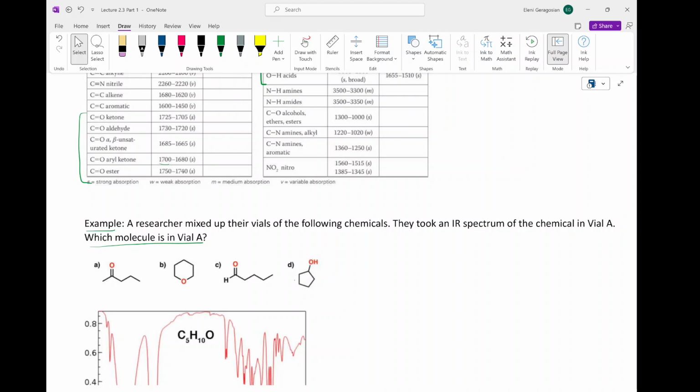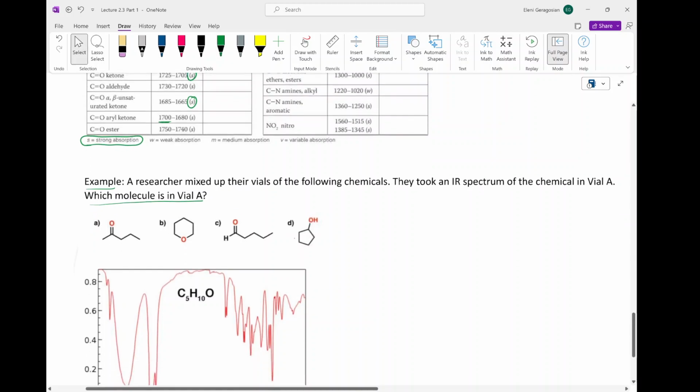Carbon to oxygen double bonds are right around 1,700. Like I mentioned, all of these are in that 1,700 region. And then they also have this S after, and that indicates strong absorption. So you can see that real small at the bottom. So that means that the percent transmittance should be very low in those areas.